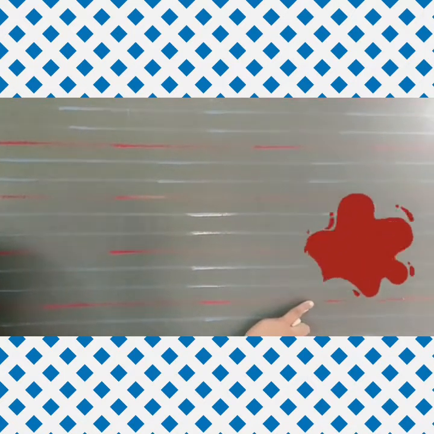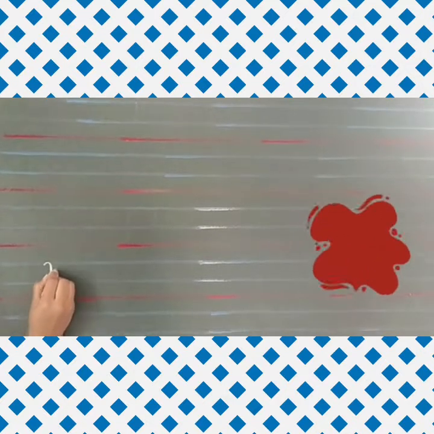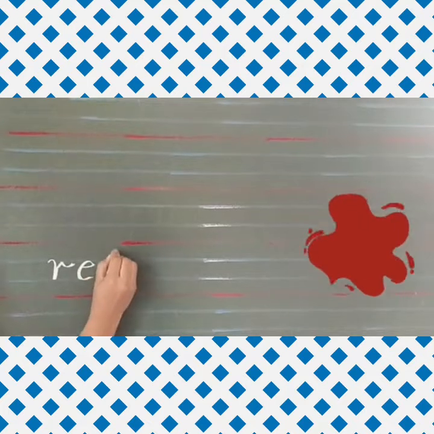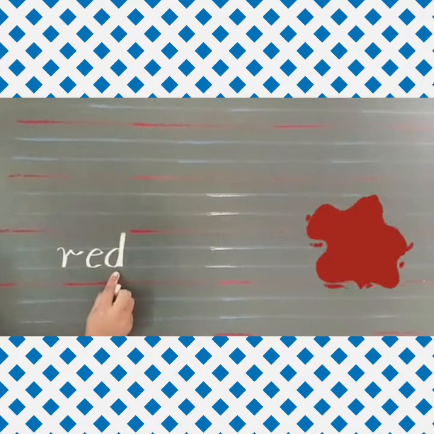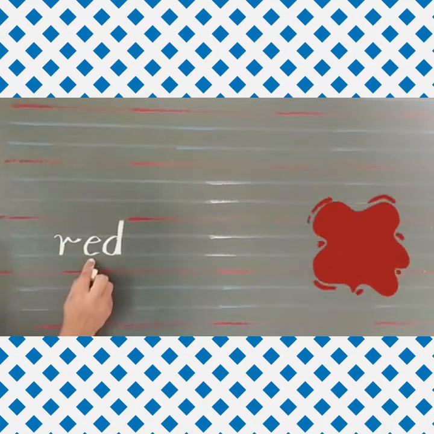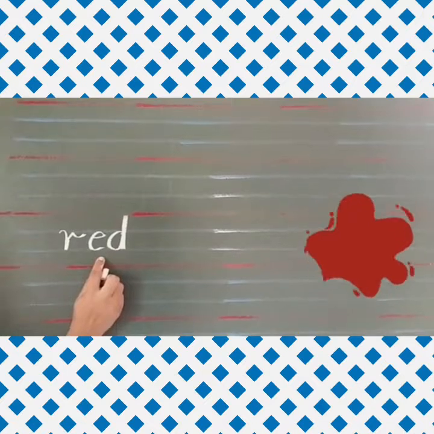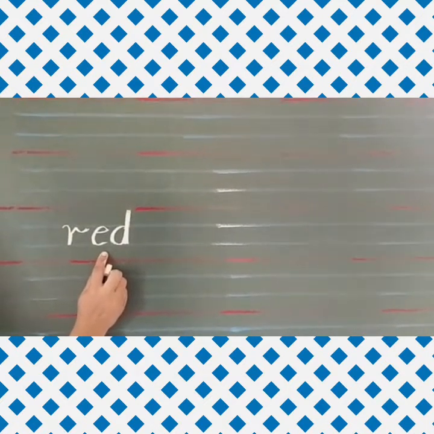Yes, it's red color. Now what is the spelling of red? R E D, red. R says R, E says E, D says D. Now children, you have already learned this spelling in EVS subject colors topic, right?